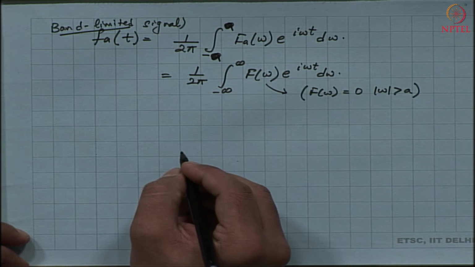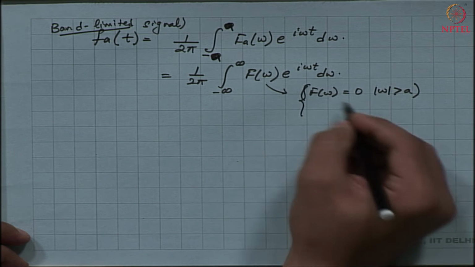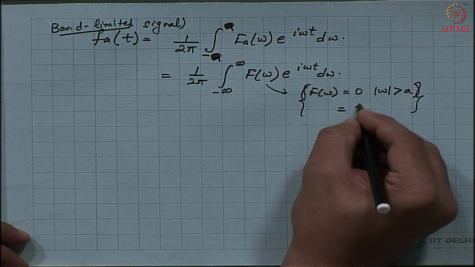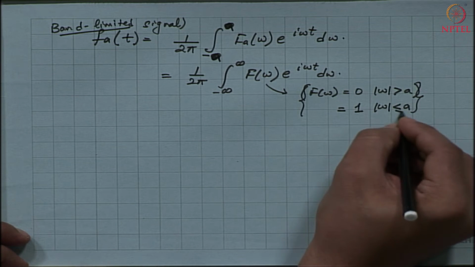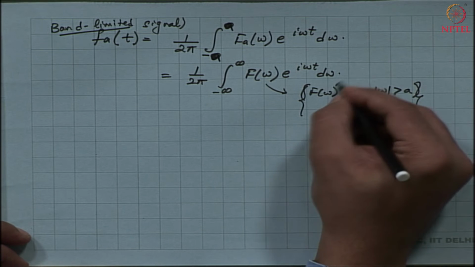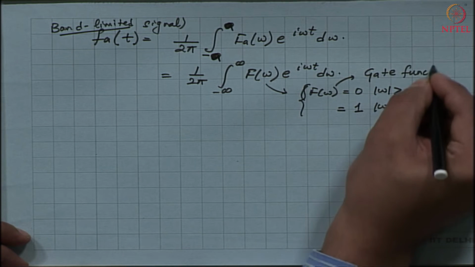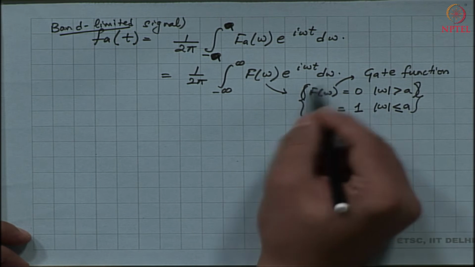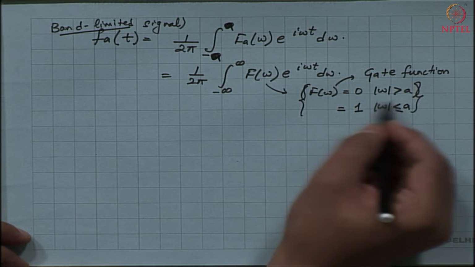Okay. So, then let me further take the fact that this f of omega is 1 if we are inside the cutoff range, right. So, I call this my gate function. In a gate function, the Fourier transform functions are specifically defined inside the cutoff range and outside the cutoff range.